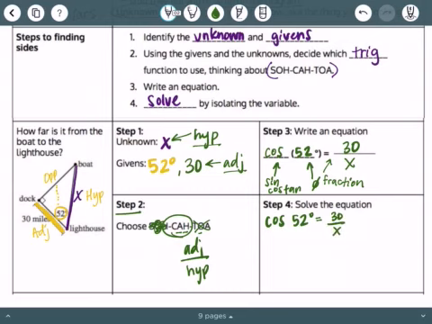Then I'm going to do cosine 52 degrees on my calculator. I'm going to press the cosine button and then 52, press enter. That gives me 0.6156 and some other decimals equals 30 over x. From here I see that I need to get x out of the denominator, so I'm going to multiply both sides by x.